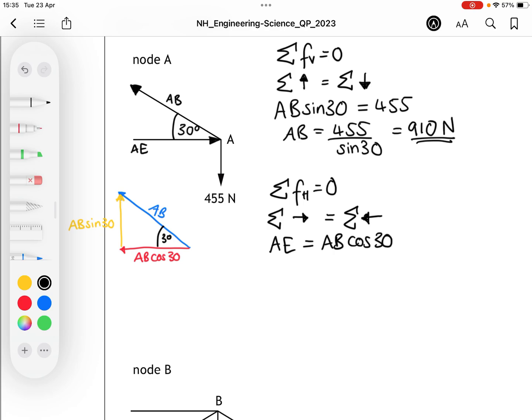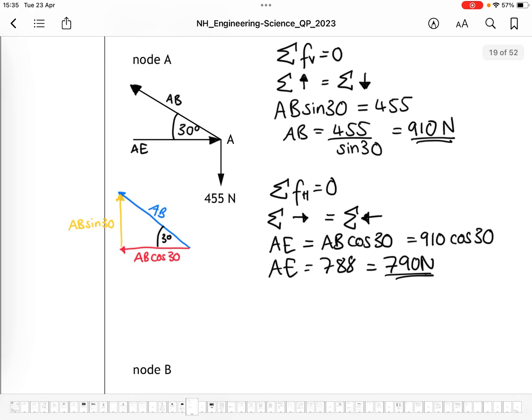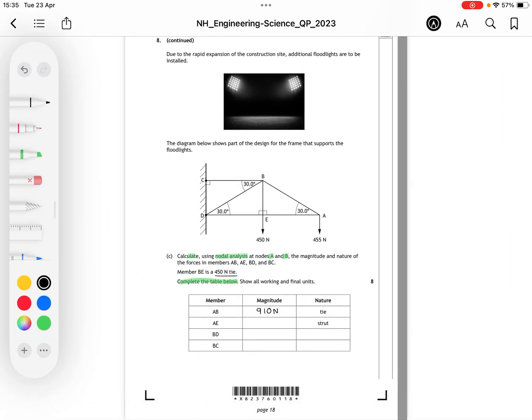Now I've worked out what AB is, it's 910, so I can say 910 cos 30 is equal to AE, so AE is going to be equal to 788. So I can round that to two significant figures to 790 newtons. And again, I'm just going to pop that straight into my table.